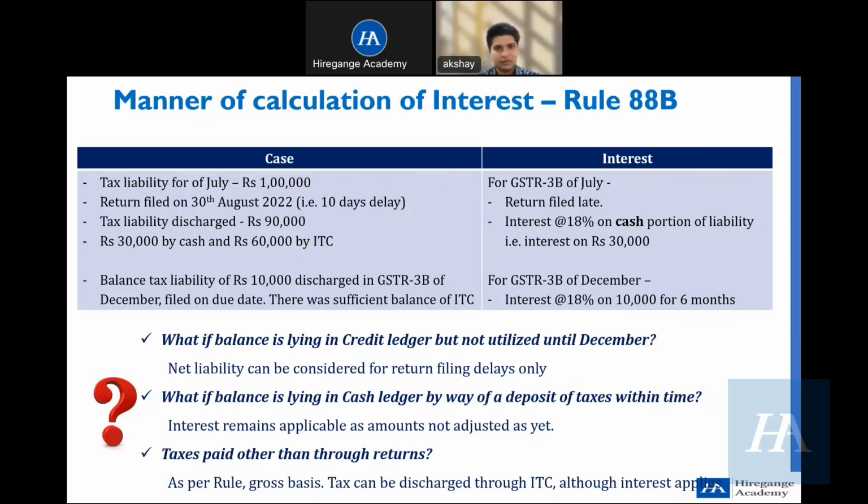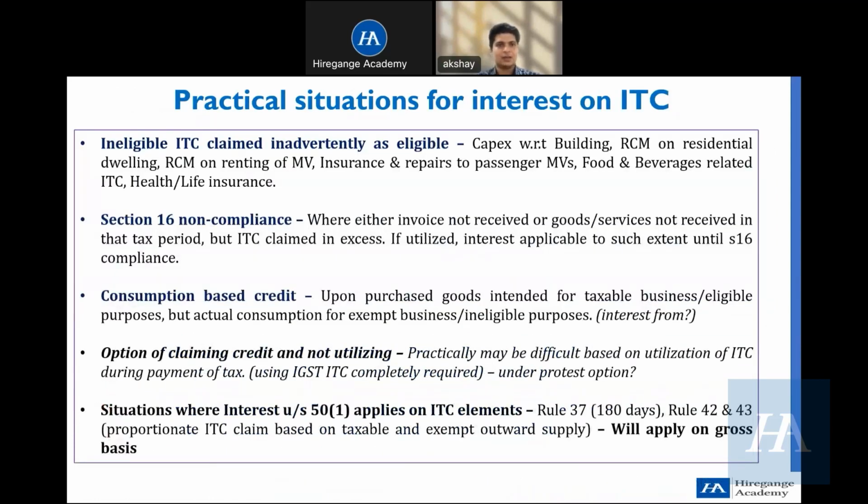Alternatively, you can also refund the amounts from the cash ledger at your will and wish. Taxes paid through other than returns would always be applicable on a gross basis. There is a difference and a shift in the concept from the pre-GST regime to the GST regime.